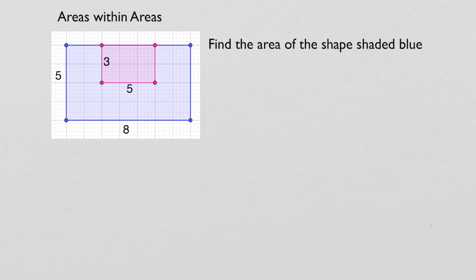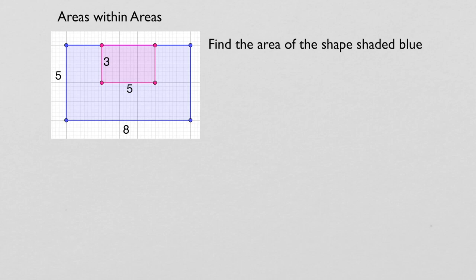So we have to find out this blue shaded shape here. It lies within the big rectangle, and we need to remove the small rectangle inside, and that will give us the difference. The best way to do that, I would say, is to write out all your working, both equations, and find the numbers, and then take one away from the other.